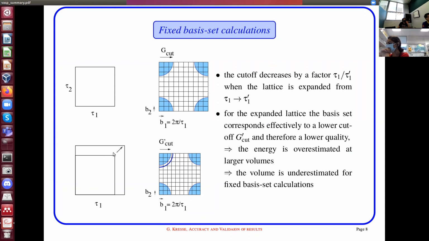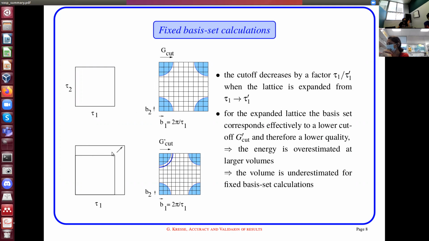The problem is that if you increase the cell volume, you also reduce your Brillouin zone, because the longer the lattice vector, the smaller the reciprocal lattice vector. So the same value of energy cutoff will cover the same percentage of the Brillouin zone, but in absolute value, you see that the area covered here is lower than this one.